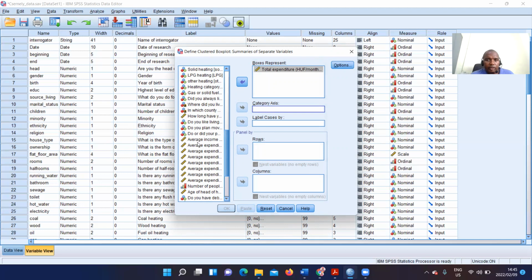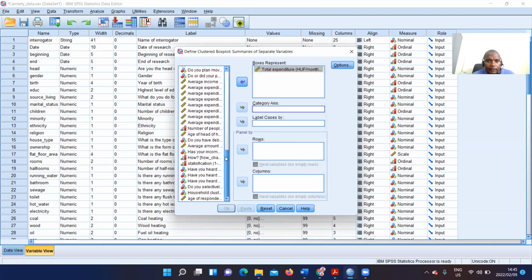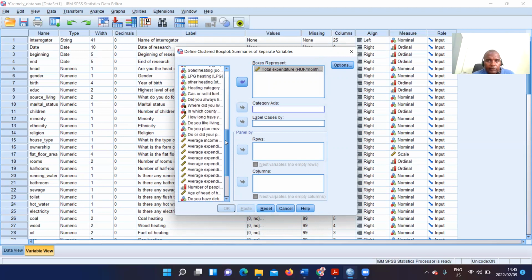And then we have gas or solid fuel. We fit it in there.